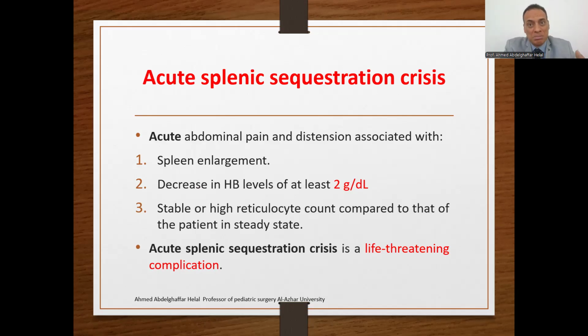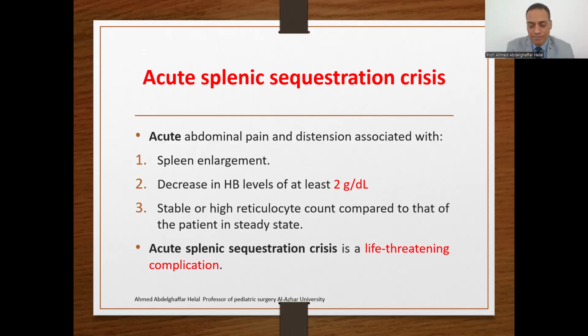Still, yes, it's still life-threatening, despite vaccination, despite neonatal screening, despite parental education, educating the parents about this problem. Despite all this, it is still considered a life-threatening complication.